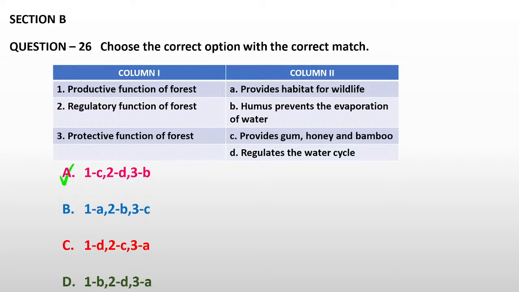That is, productive function of the forest can be matched with provides gum, honey and bamboo. Second, regulatory function of the forest can be matched with regulates the water cycle. Third, protective function of the forest can be matched with humus preventing the evaporation of water. So this is the correct answer.